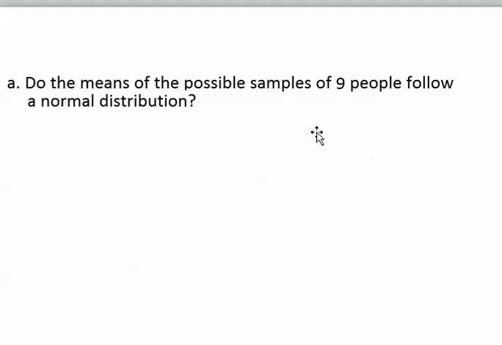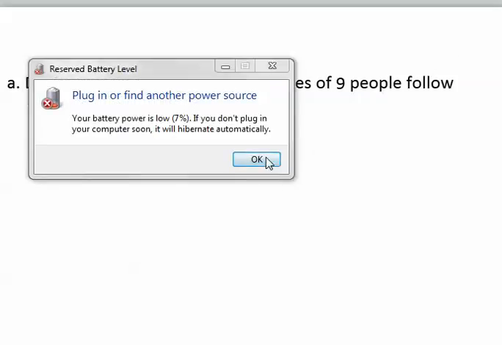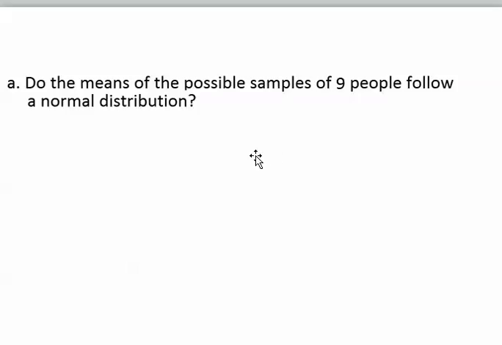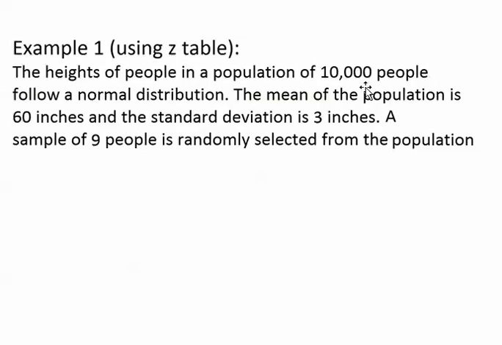Before we can calculate probabilities, we have to know if the sampling distribution is normal. We have to know if the means of the possible samples of 9 people follow a normal distribution, or at least roughly follow a normal distribution. So let's look back at this question to see if we can decide whether the sampling distribution is normal.